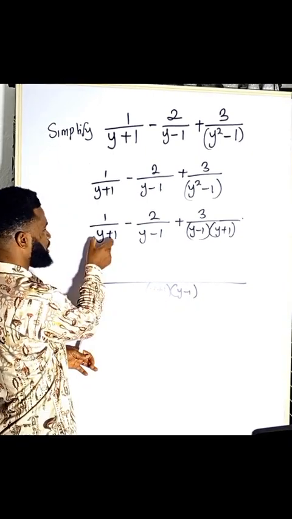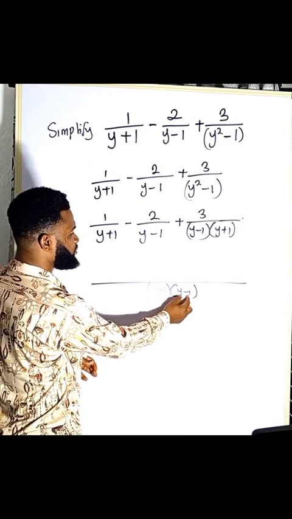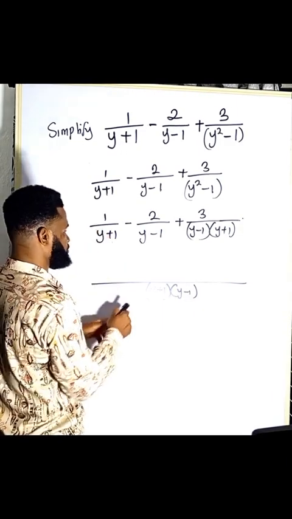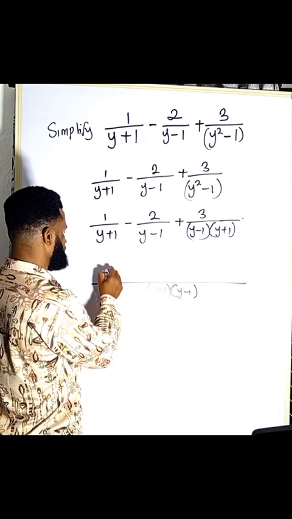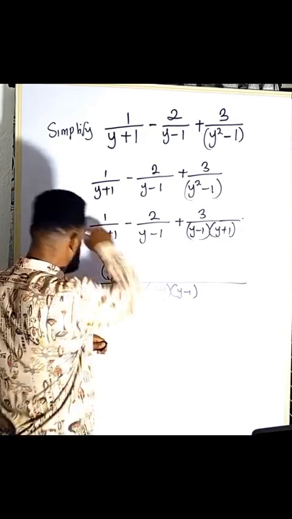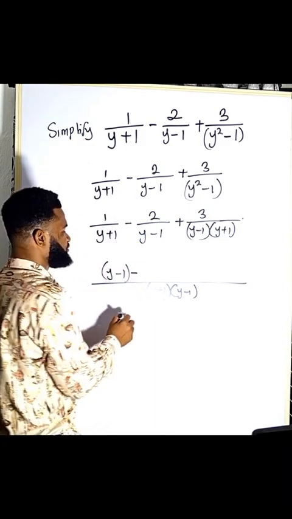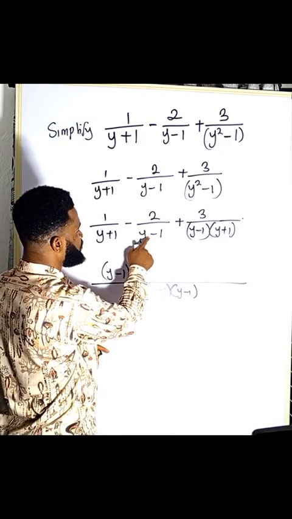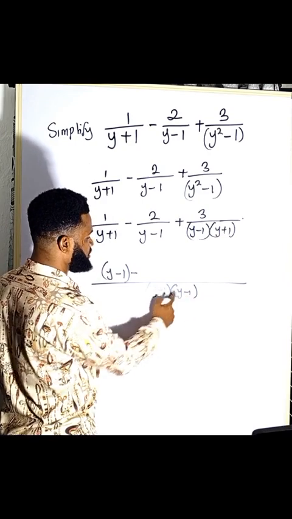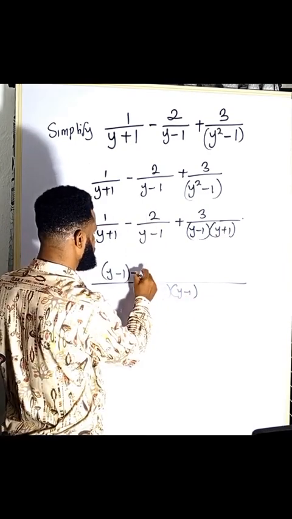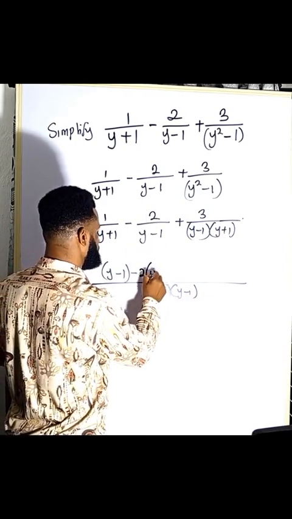Y plus 1 will cancel y plus 1. So we have y minus 1. Y minus 1 multiplied by 1 is going to be y minus 1. So this is minus. I'll put my minus. Now, y minus 1 will cancel this y minus 1, remaining y plus 1. So this is going to be 2 bracket y plus 1.